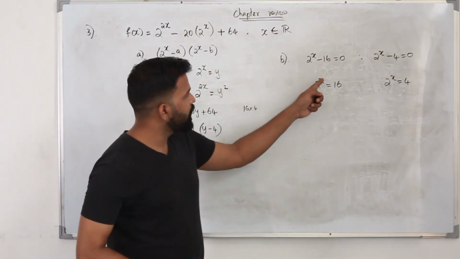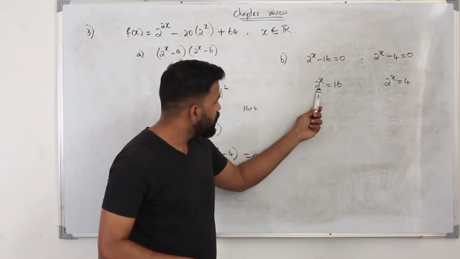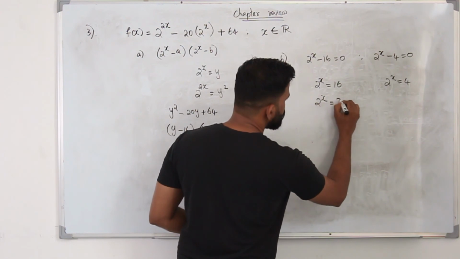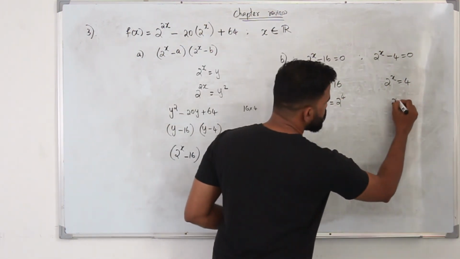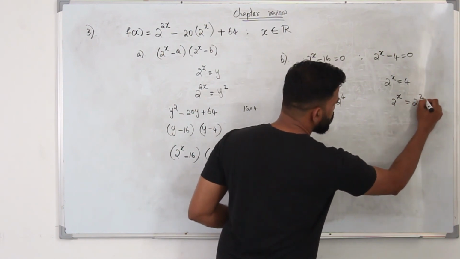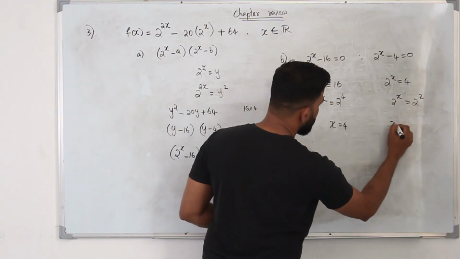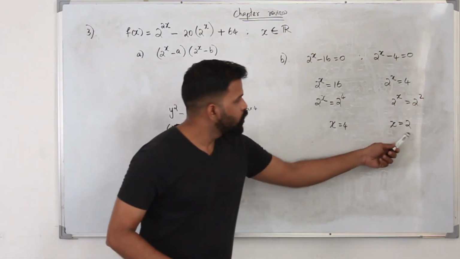And if you want to find x, write this number as a power of 2. 16 can be written as 2 to the power 4. Here 2 to the power 2 is 4. So your x is automatically x equals 4 and x equals 2. You got 2 solutions, 2 and 4.